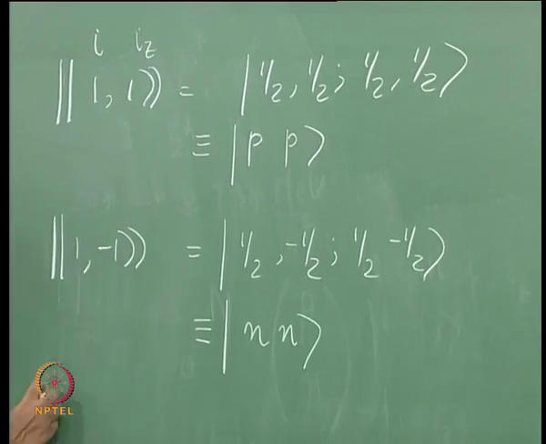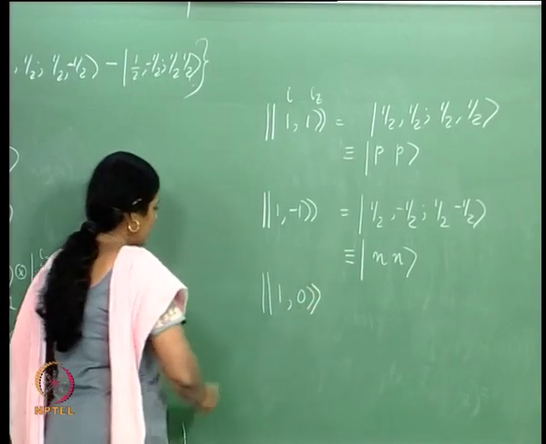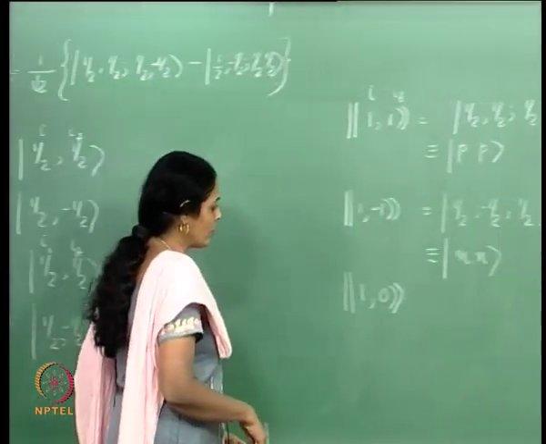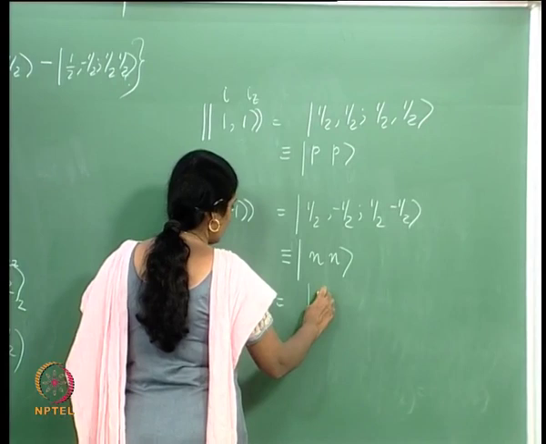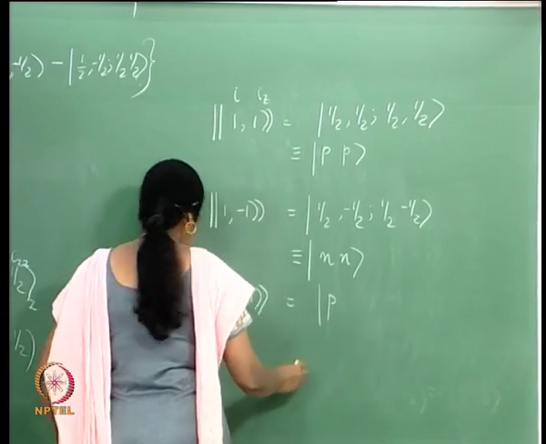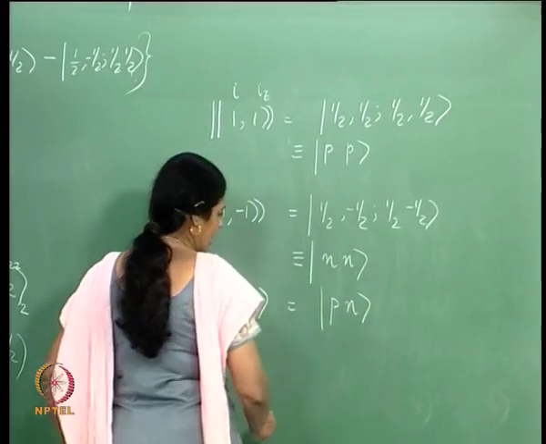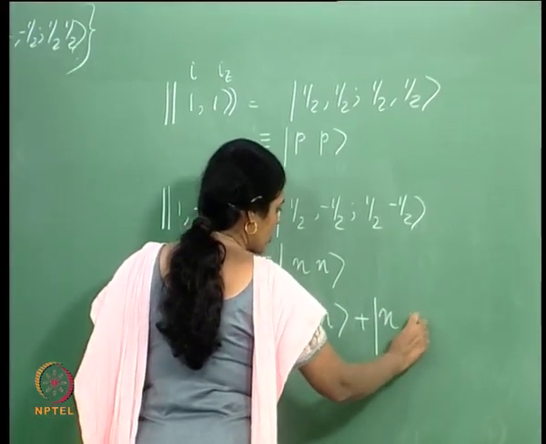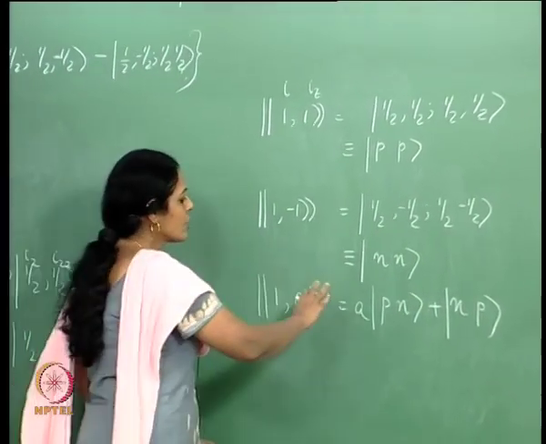But I can also have a situation where I have I equals 1 with Iz equals 0, and that could have come by taking a proton from the first beam, combining it with a neutron from the second beam, or by taking a neutron from the first beam and combining it with a proton from the second beam. And this is my notation.